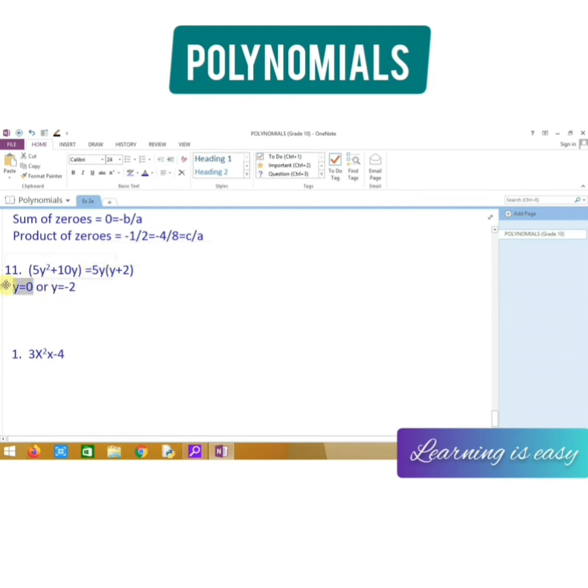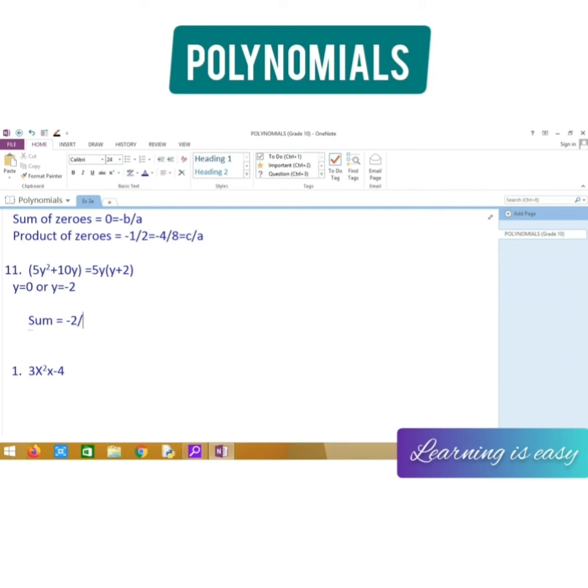We know that 5y equal to 0, so y equal to 0 and y equal to minus 2. We can verify the sum of zeros, which is going to be 0 minus 2, that is minus 2 by 1, as it is of the form minus b by a.